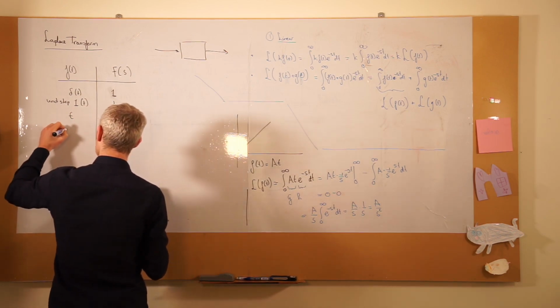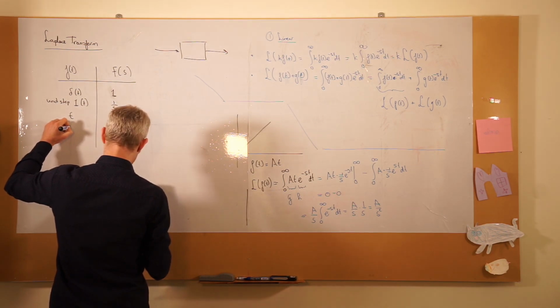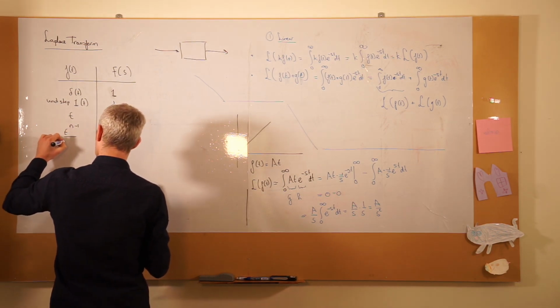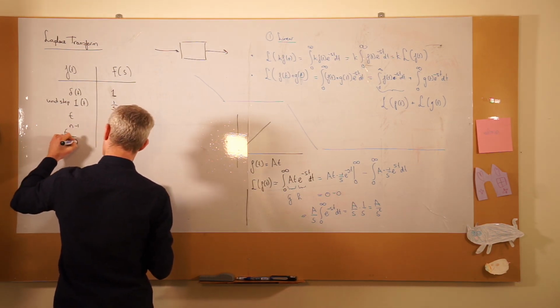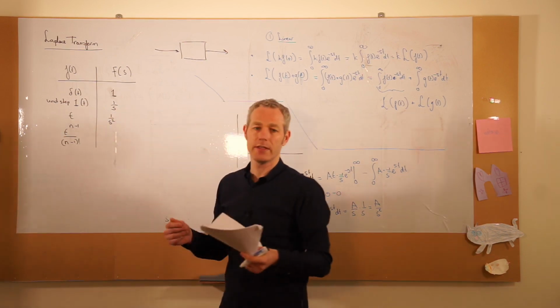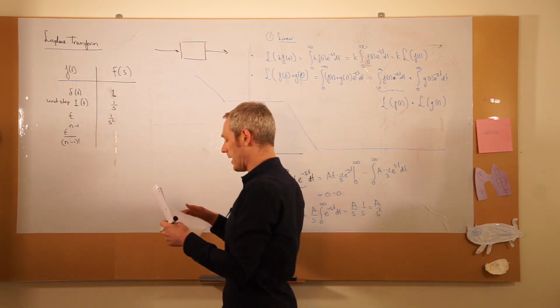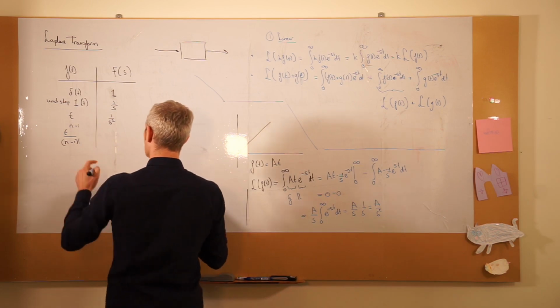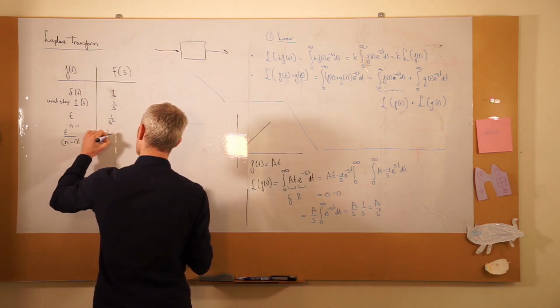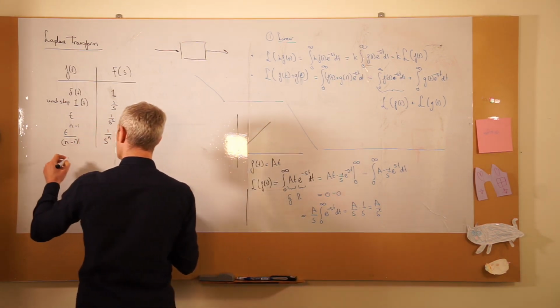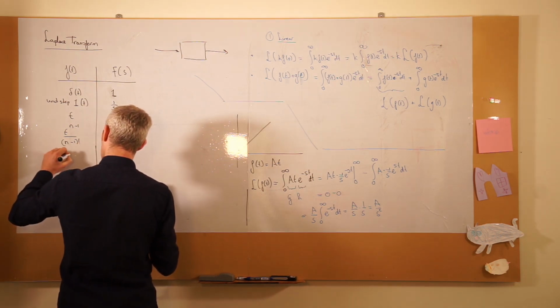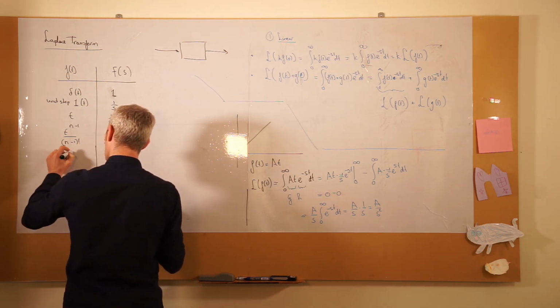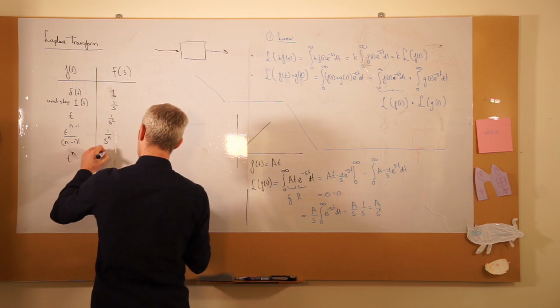If we have t to the power of n minus 1 divided by n minus 1 factorial, this makes it easier to go back and forth. As I shall show you, this will be 1 over s to the power of n, and t to the power of n, which you were expecting, is then n factorial over s to the power of n plus 1.